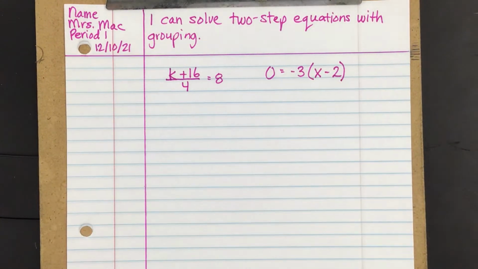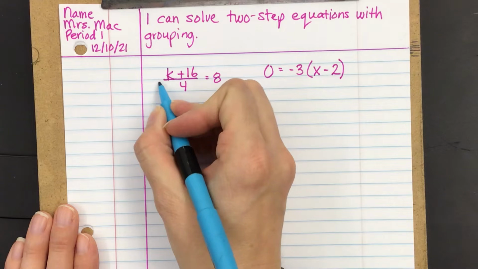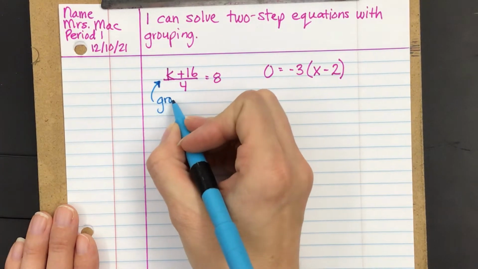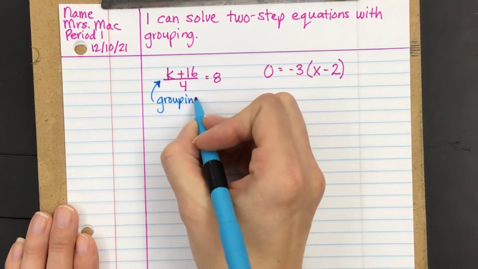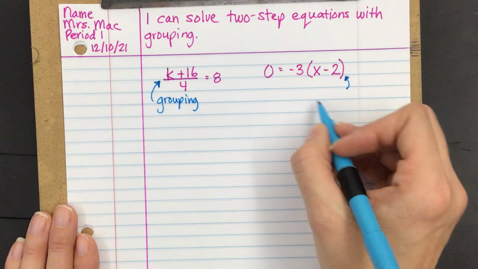Okay. So if you remember back when we were doing our expressions unit, remember how we talked about how this fraction division bar can be grouping? And obviously, we already know that parentheses can be grouping too.